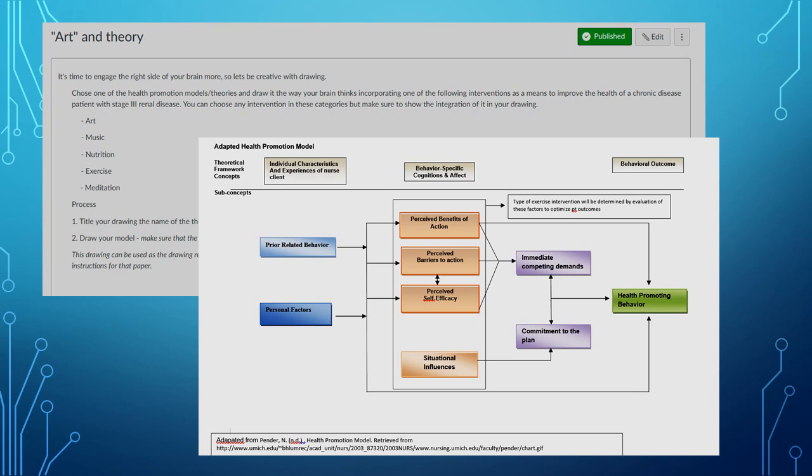The second section is the behavior change area. But notice that I've got a big box around everything, and over to the right I have type of exercise intervention will be determined by evaluation of the factors to optimize patient outcomes. So I'm going to be doing exercise as my intervention. And the rest of it is just the model being put forward.